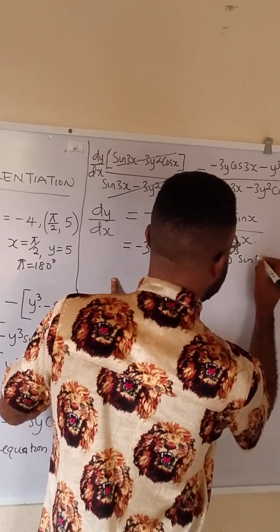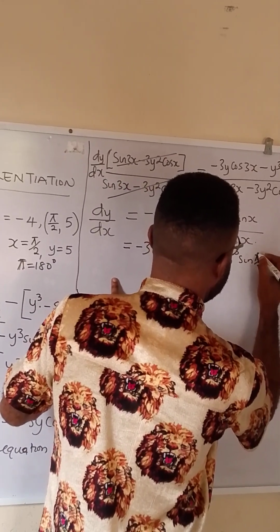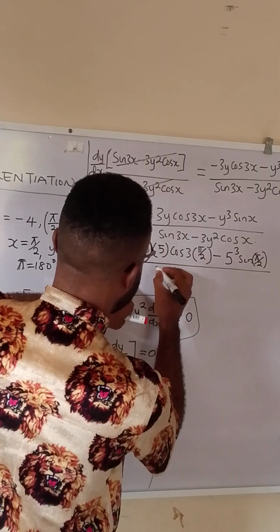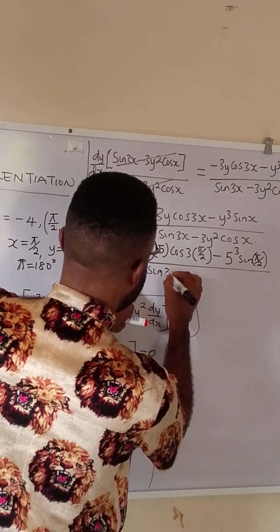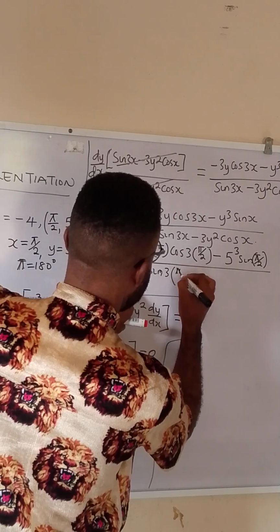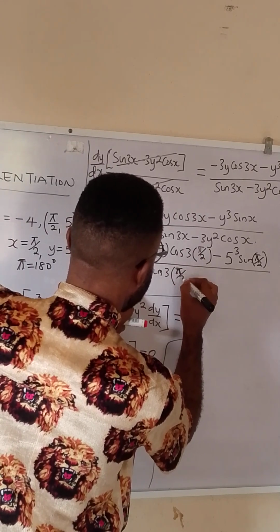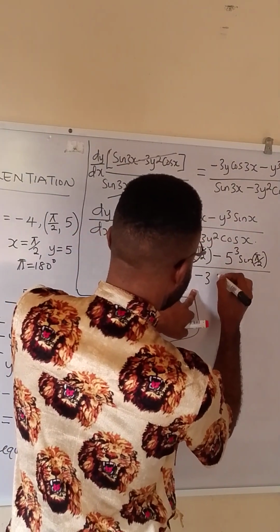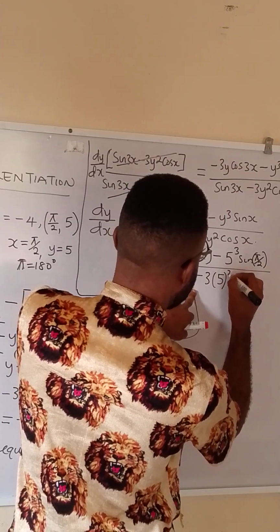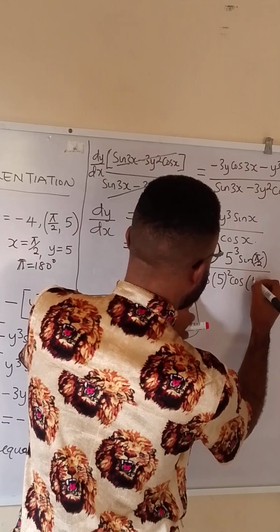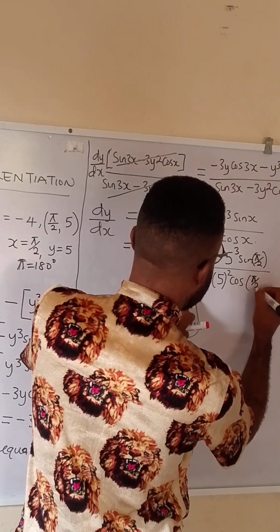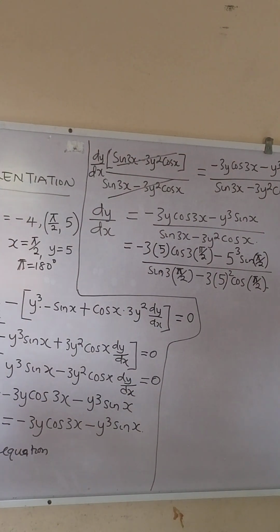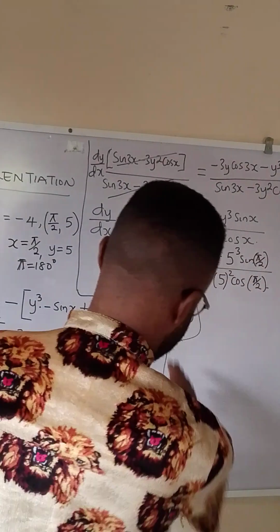Divided by, so we come here, we have sine 3 into x is pi over 2 minus 3, the value of y is 5 and it's raised to power 2, cos, the value of x is pi over 2. Okay, we've gotten it to this point.